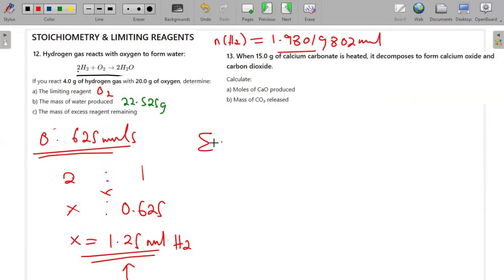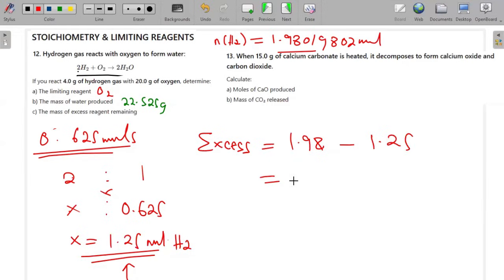So meaning excess moles of hydrogen will just be equals to the initial 1.98, we can round it off to 2 decimal places, it's fine, minus this one here, which reacted, 1.25. So if I subtract that, what do I get? 1.98 minus 1.25.